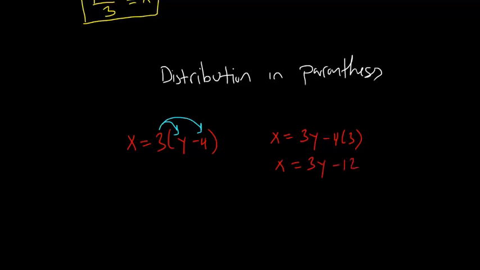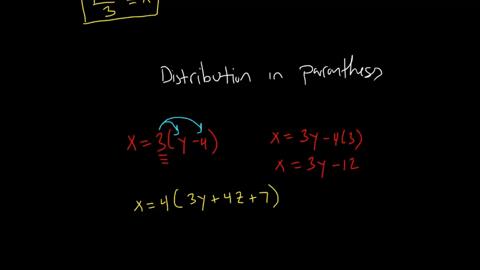So whenever you have a value outside of a parenthesis, you can distribute it into that parenthesis. Just make sure you take this value, this 3, times everything that's added or subtracted. So let's see another example. In this case, let's say we have x equals 4 times 3y plus 4z plus 7. So we're going to approach this problem in the same way.